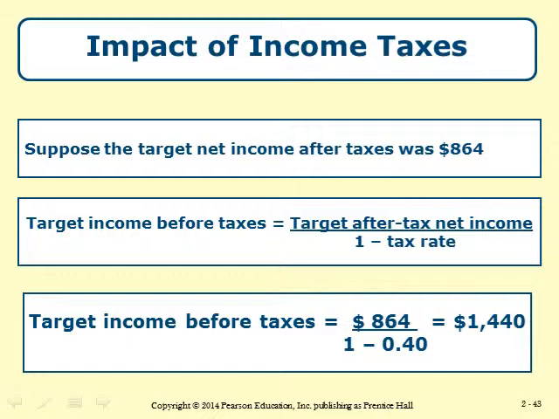The only change required to introduce taxes into the general equation illustrated in the chapter for calculation of volume required to achieve a given profit income is to substitute target after-tax net income divided by 1 minus the tax rate. On the right-hand side of the equation, target sales minus variable expenses minus fixed expenses equals the target after-tax net income divided by 1 minus the tax rate.